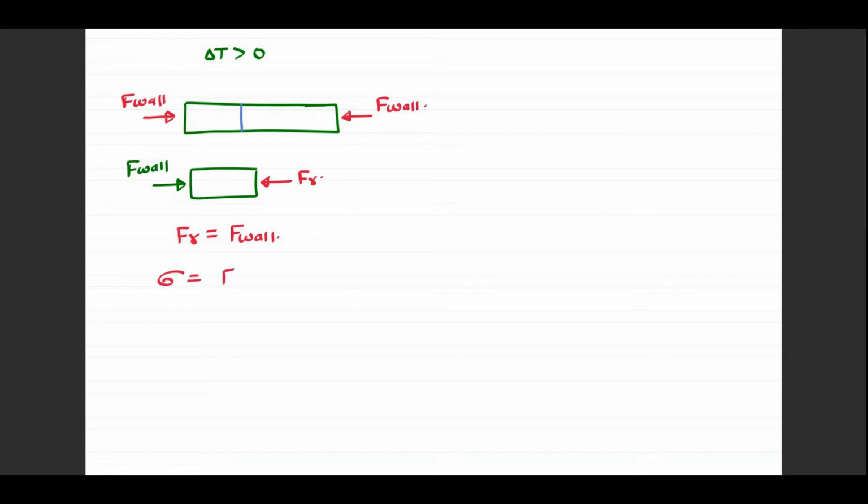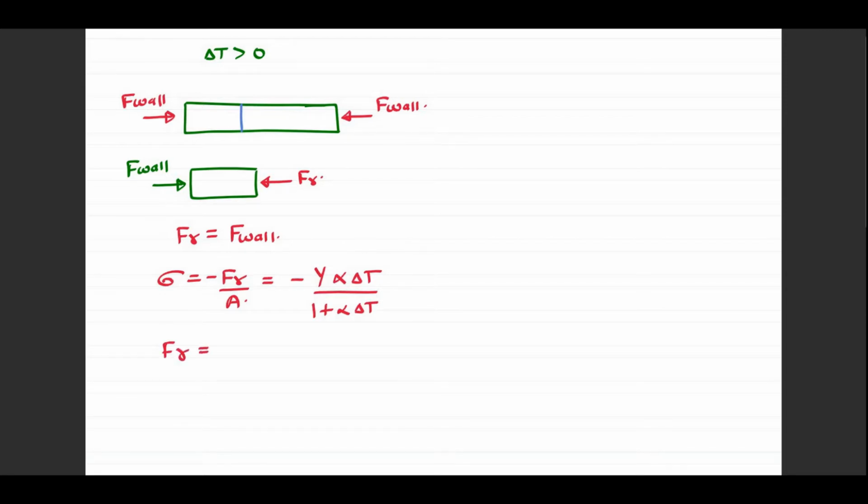I know, and remember I told you, when you are dealing with compressive stress, this should be written like minus FR by A. You know this stress is given by this.